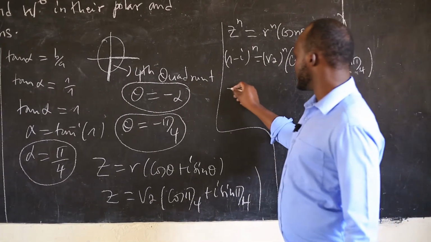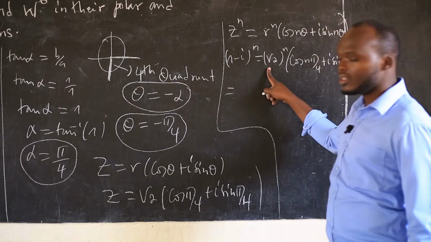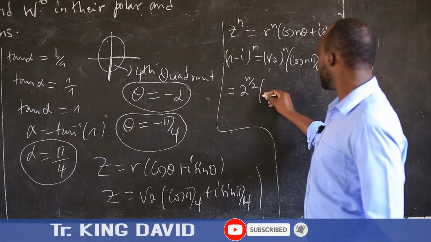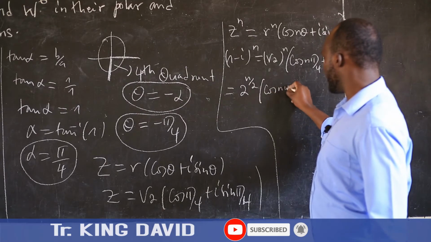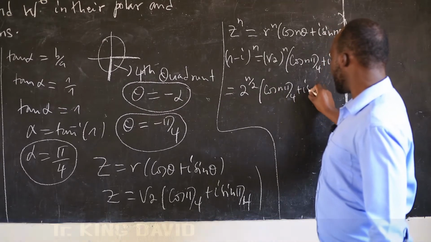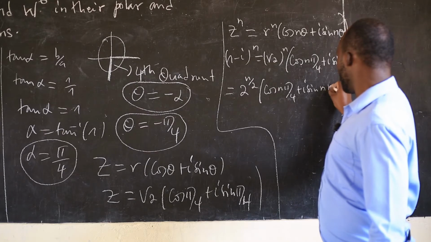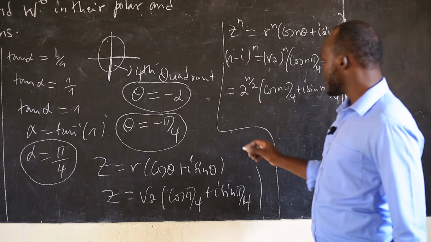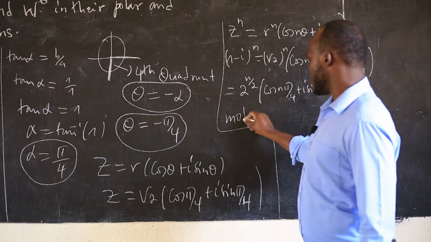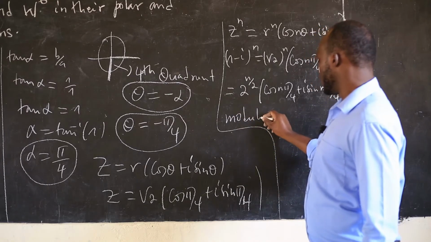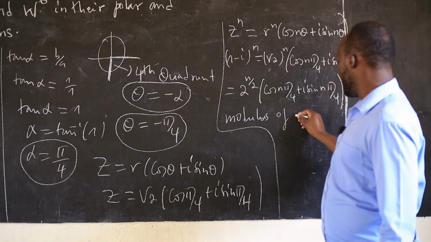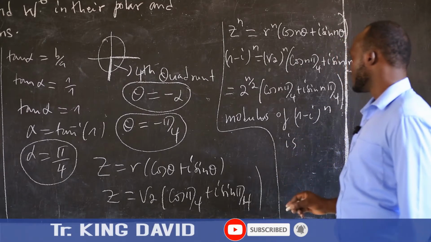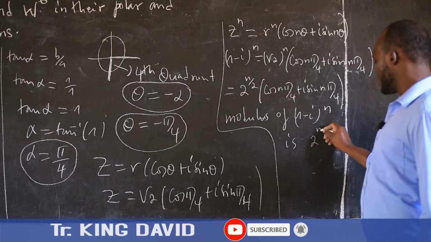Root 2 is 2 power half, so it is 2 power n over 2 into bracket cos n pi over 4 plus i sine n pi over 4. What does it mean? It means the modulus of (1 minus i) power n is 2 power n over 2.